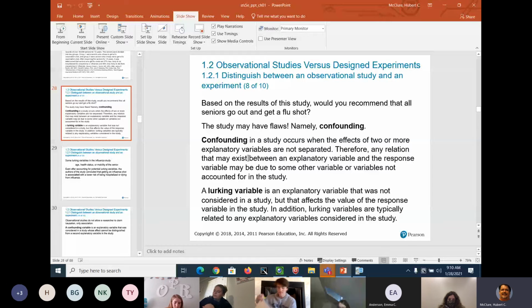What a word, lurking. Like Michael Myers on Halloween. Do you know that Halloween was supposed to be named The Shadow? You mean the movie? Yeah, the movie. Because he was supposed to be like a silhouette through the whole movie, and it didn't work out that way. I'm a movie nut.